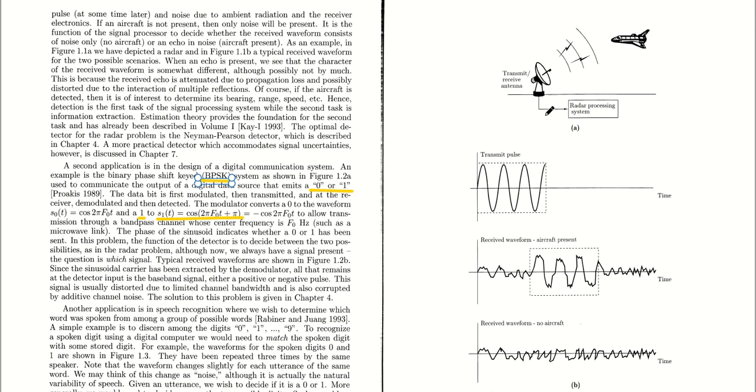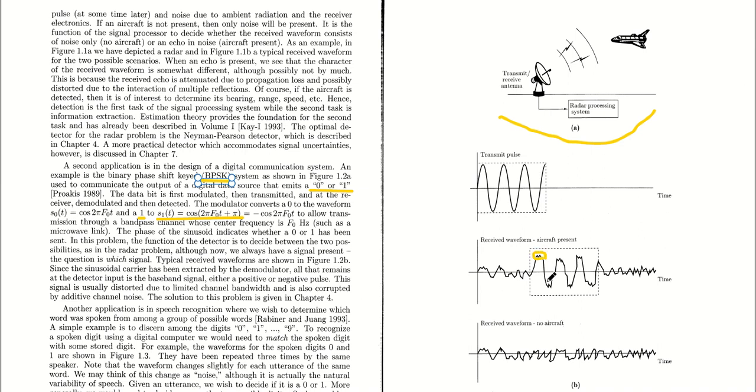Okay, let's look at the figure example. If there is an aircraft, then a waveform is transmitted. After a while, the waveform is reflected back. You can see this waveform being transmitted and this waveform being reflected. But when it's reflected back, it is distorted.